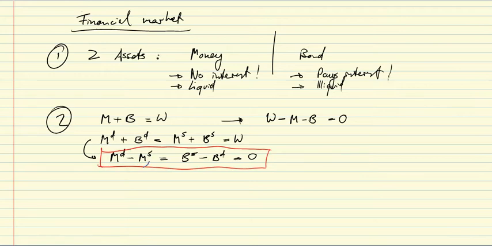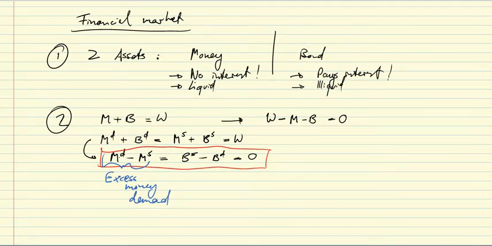And we can further this insight, recognizing what this is. MD minus MS is excess money demand. So if it is equal to 0, there is no excess money demand.